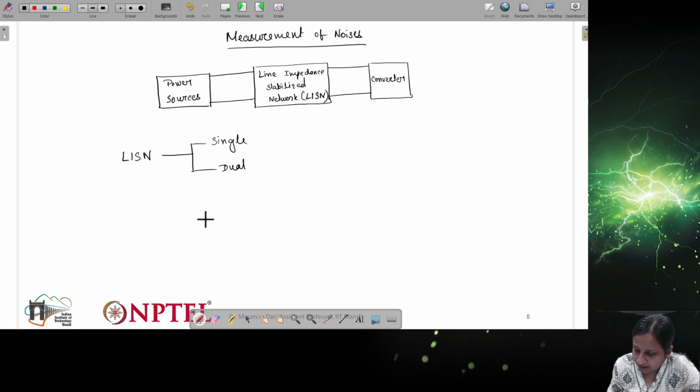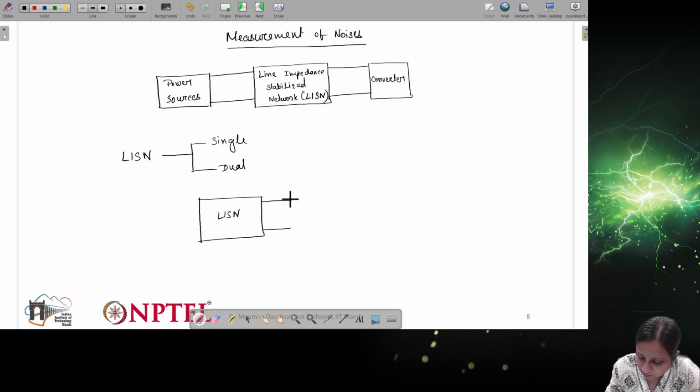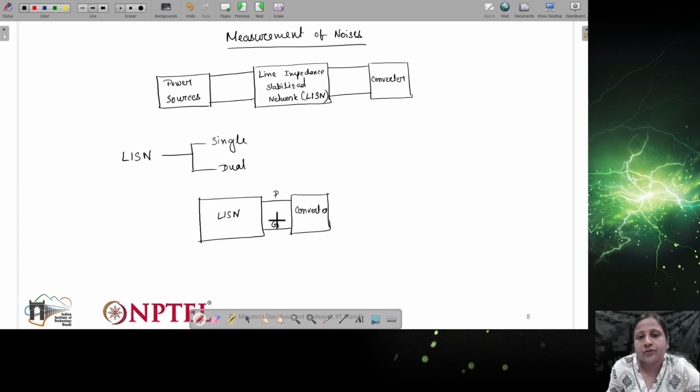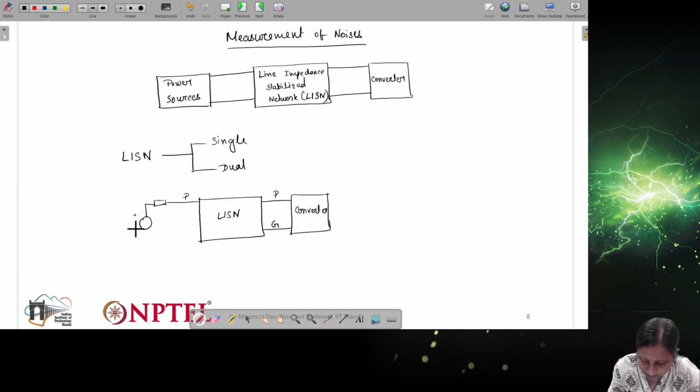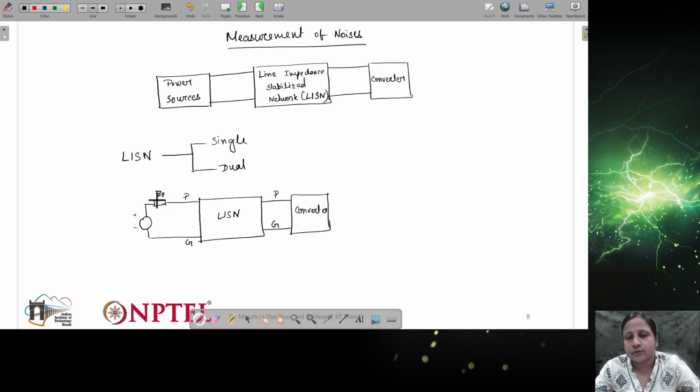So basically the block diagram of LISN is such that, if it is single, then positive, ground and the converter: positive P and ground G. Similarly, for the power source, P, and then this is connected to plus and negative, and then it is connected to G. So this is ZP, the impedance with respect to the positive point.